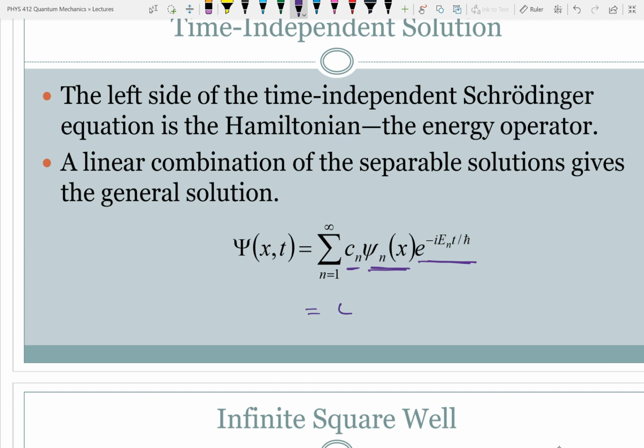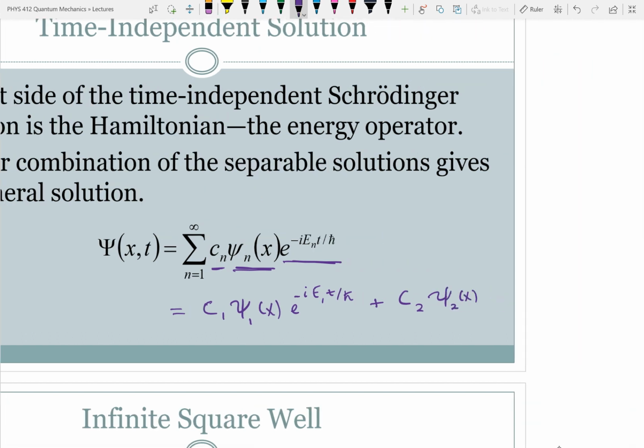It would be C undecayed psi undecayed of x e to the minus i energy undecayed time over h bar plus C decayed psi decayed e to the minus i energy decayed time over h bar.